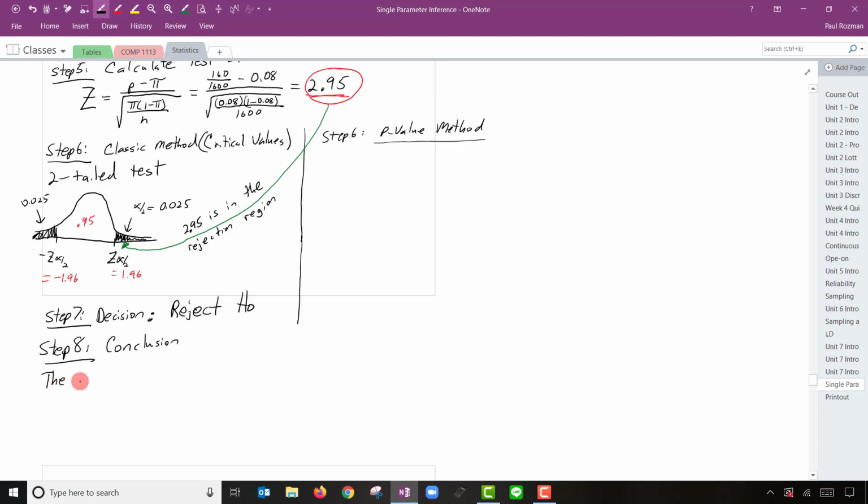Our conclusion is there is sufficient sample evidence at a significance level of 0.05 anyway.